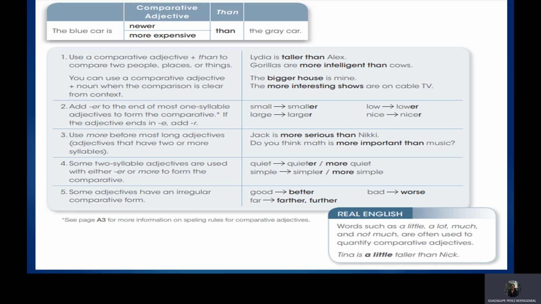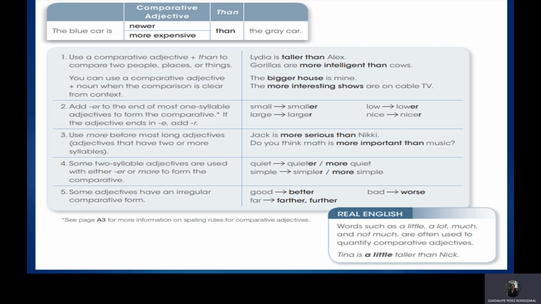So we didn't make the comparison with the other things because it's really obvious. The other example, the more interesting shows are on cable TV. So it's clear and it's related to the context.